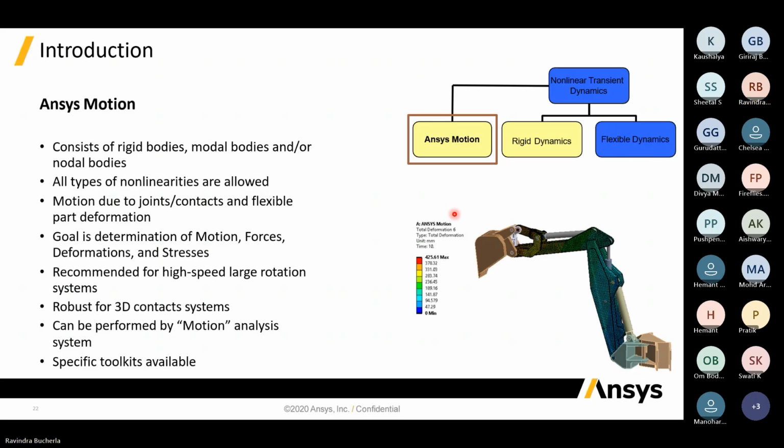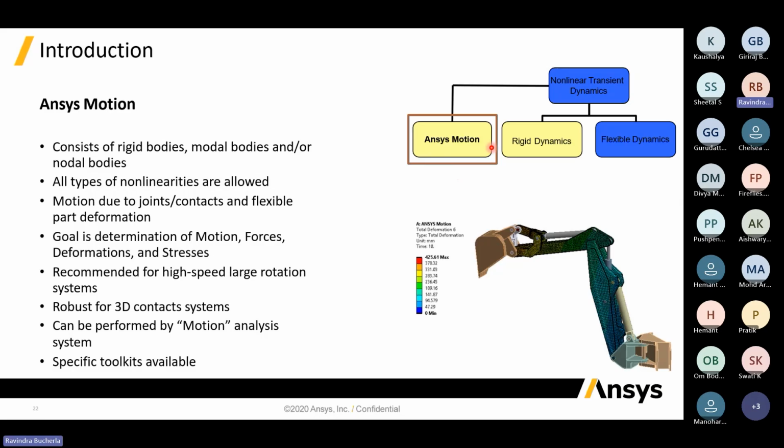And Motion is a solver that, if our mechanism has any contacts, can easily deal with the contacts, even with high nonlinearity. So this is the third approach that we'll be going with, which is a combination of rigid and flexible parts, where our interest is to study the kinematic behavior along with the flexible results as well.